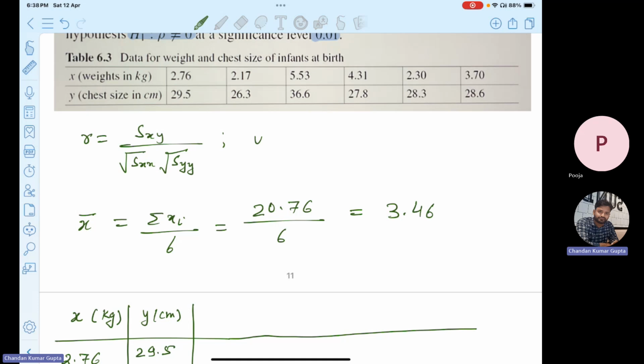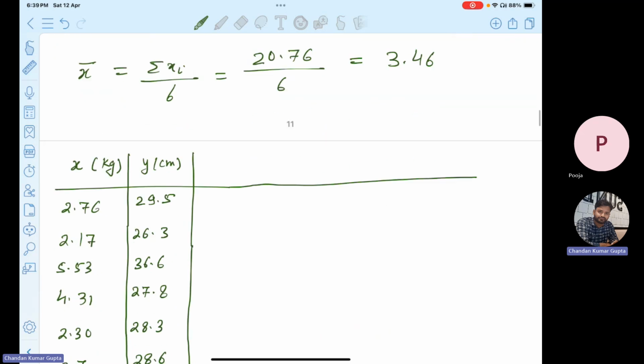Similarly, y bar is summation over yi divided by 6. The summation over yi is 177.06, divided by 6 comes out to be 29.51. Okay, so these are the x bar and y bar.